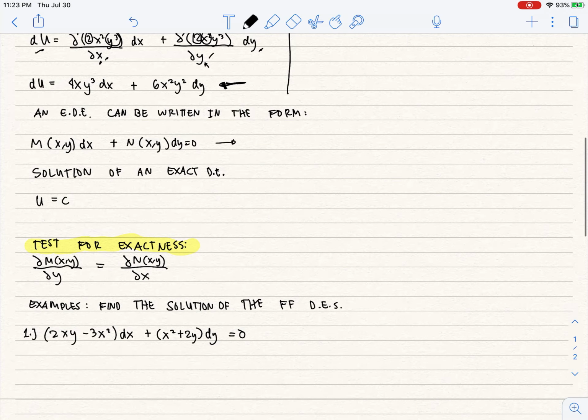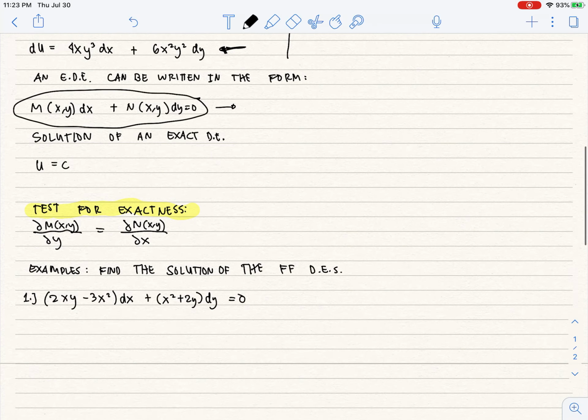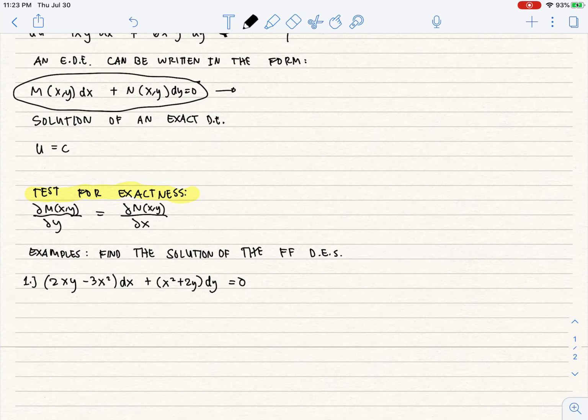Okay, so test for exactness. We need to test first if the given differential, for example with these real values of M and N, is an exact differential equation before we solve it using the previous process. To test for exactness, the partial derivative of M with respect to y should be equal to the partial derivative of N with respect to x.